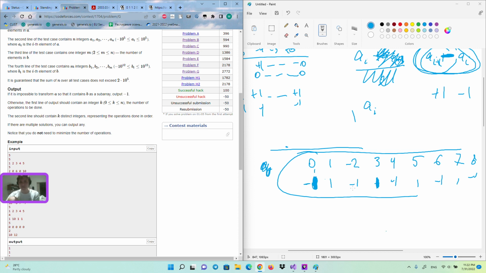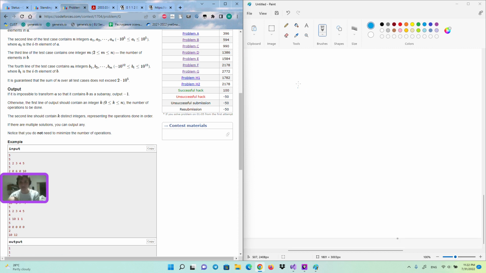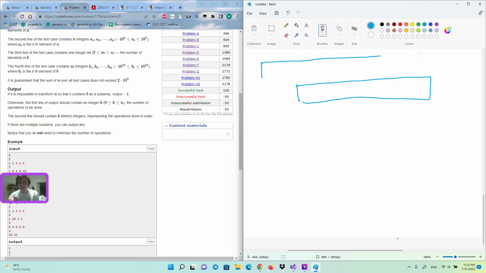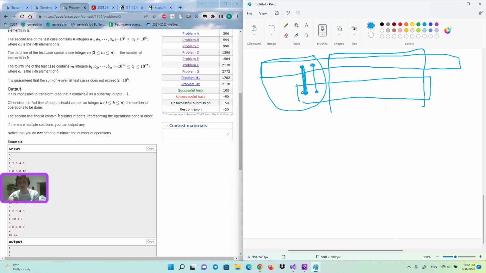We have this subarray B in subarray A. The first part of the problem is to make these two numbers correct. And the second part of the problem is to make all these numbers correct after making these two.